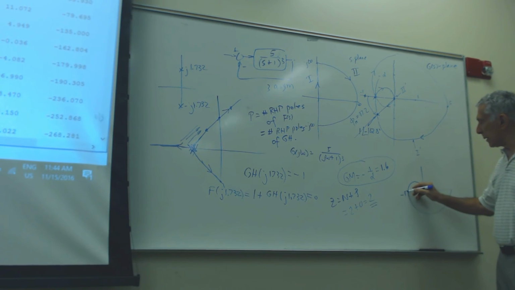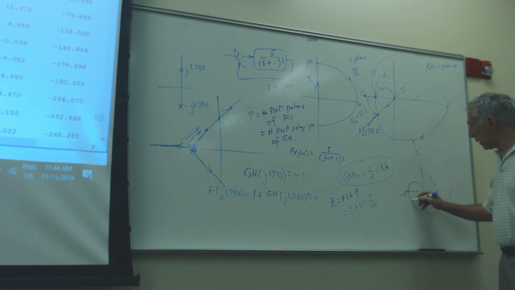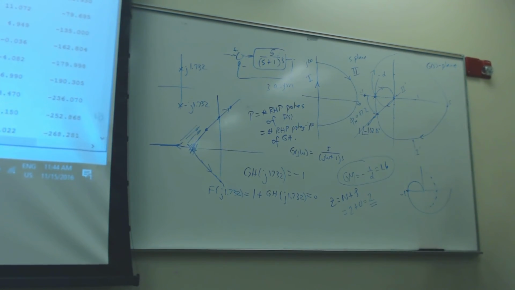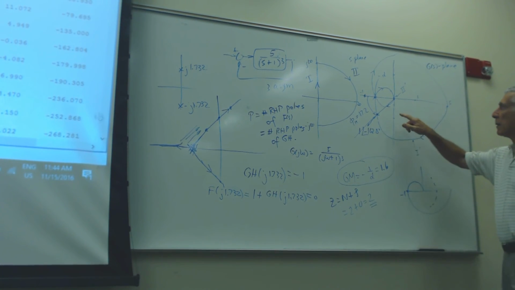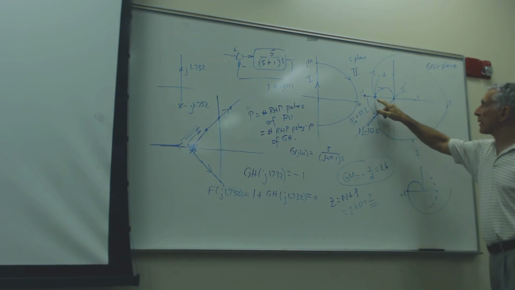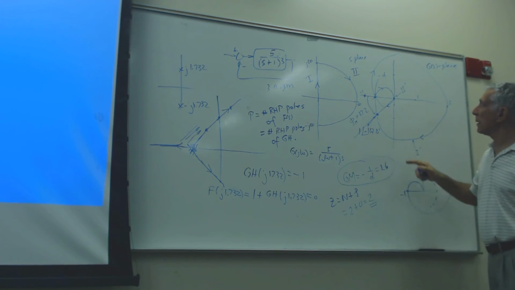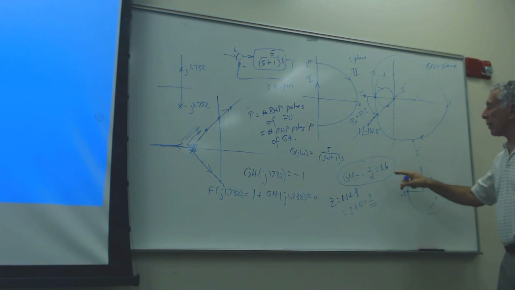Remember we drew the unit circle, and the Nyquist diagram goes right through the unit circle right there. The gain margin is 1, the negative reciprocal of that. And the phase margin is 0 when the system is marginally stable, right? And so the phase margin is 17.2. The gain margin was 1.6, minus 1 over alpha. And so these are both positive.